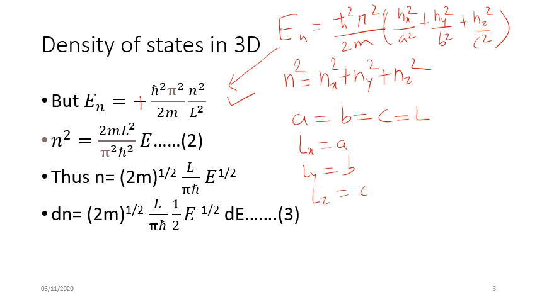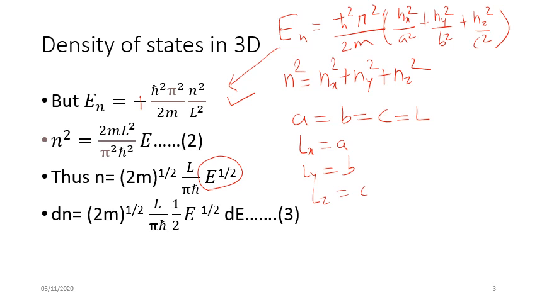If I differentiate it, I will get dn equal to twice m raised to 1/2, which is a constant, into L upon pi h cross, again a constant, into the only variable, energy: 1/2 into E raised to minus 1/2 into dE. If we differentiate on both sides, we get this equation.